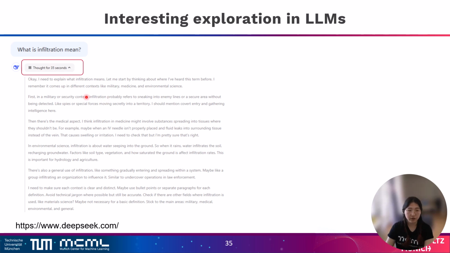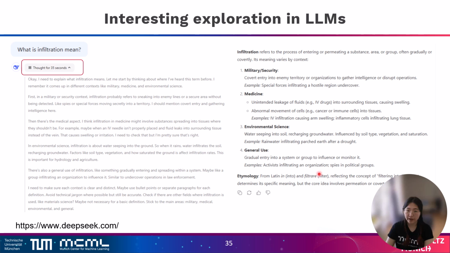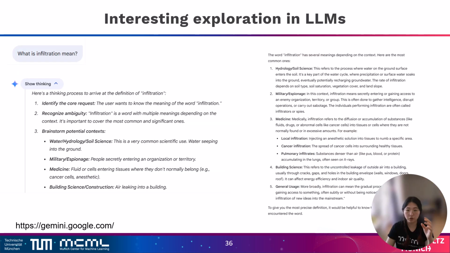Here is the thinking process of DeepSeek R1, and in the end it generates the answer. I also tried Gemini to show its thinking process. I asked Gemini the same question, and Gemini also thinks at the beginning and at the end gives me the answer. We can also find that different models have different thinking processes, so not exactly the same.